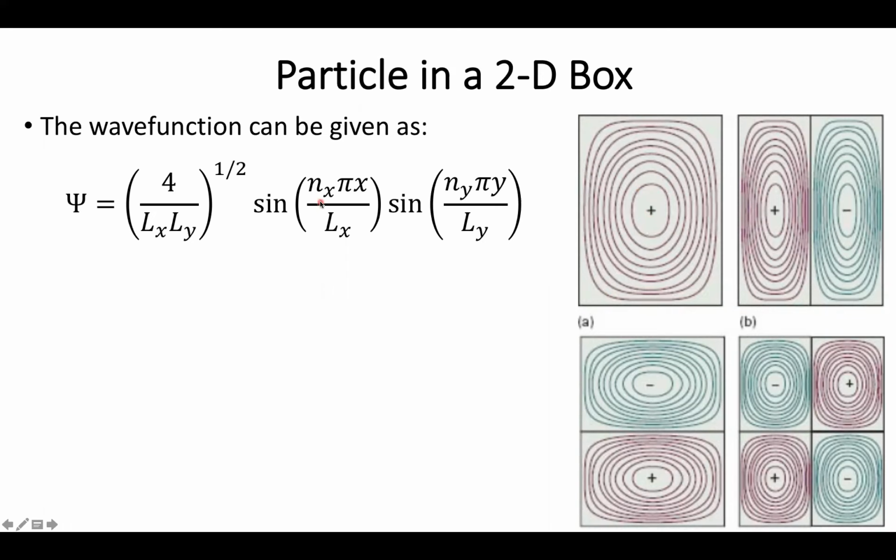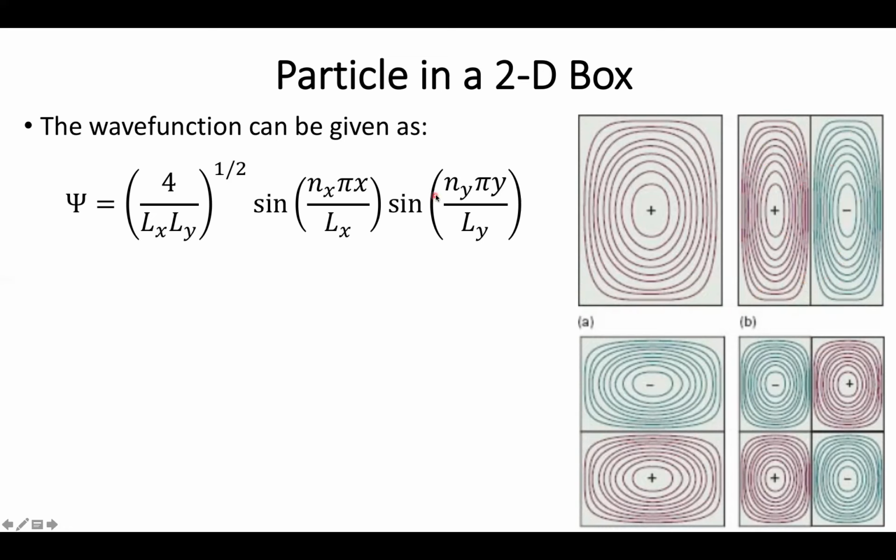However, let's go ahead and excite the system up to nx equals 2. And at this point, what we end up having is a node at the center of the box with a positive wave function on the left-hand side and a negative wave function on the right-hand side.